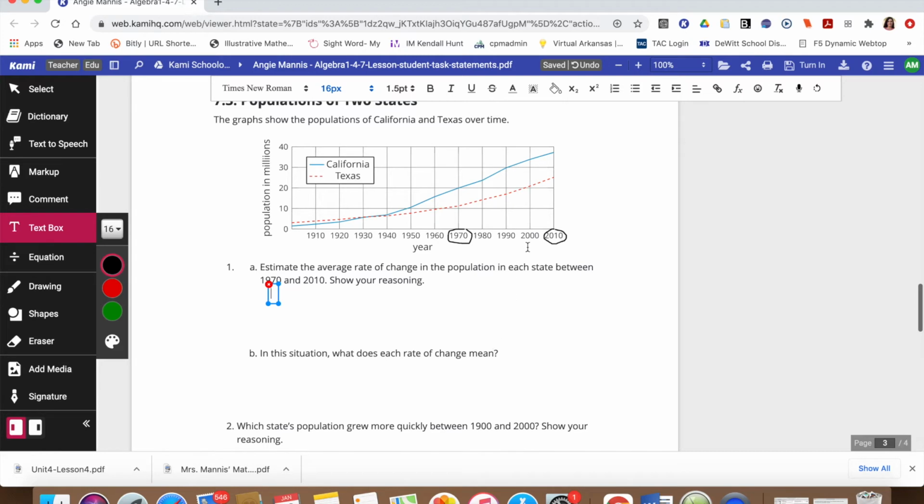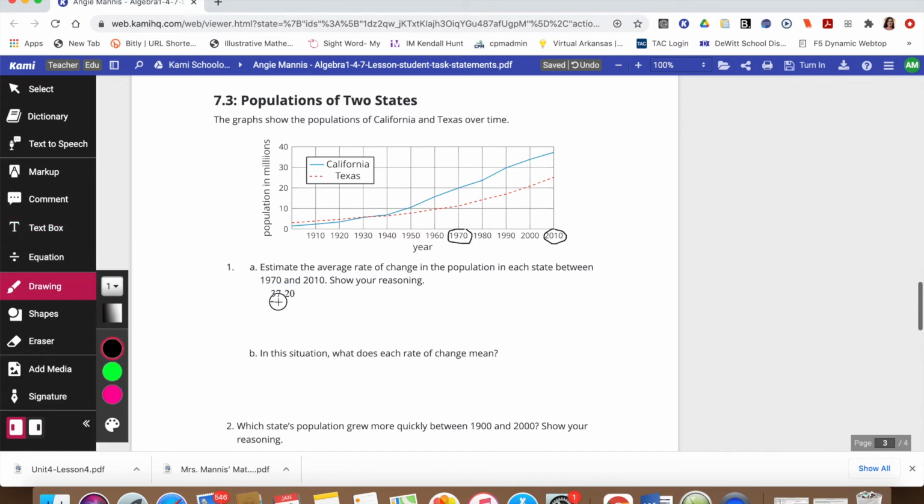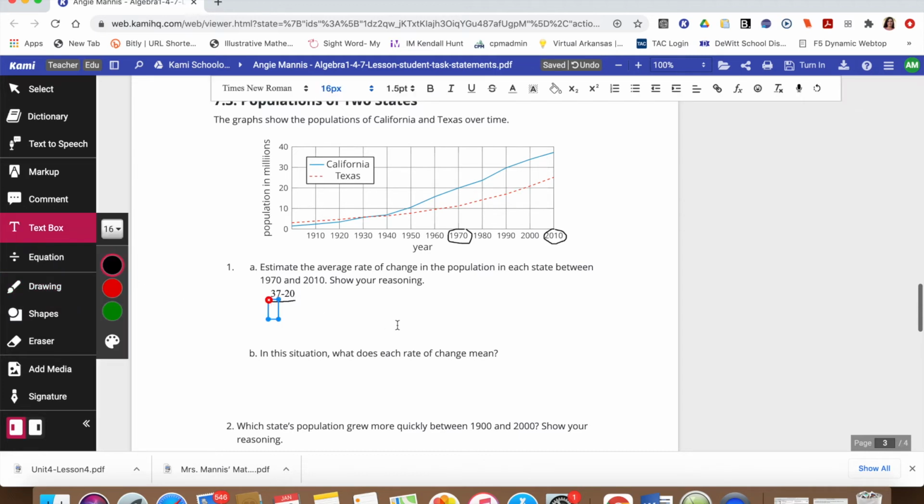So we would look, in 2010, California's population looks about maybe 37. So we're going to say 37. And then in 1970, the population looks about 20. So 37 minus 20. And then underneath that, you're going to have your fraction bar as you're dividing this. And this is where we will find the difference of our years.